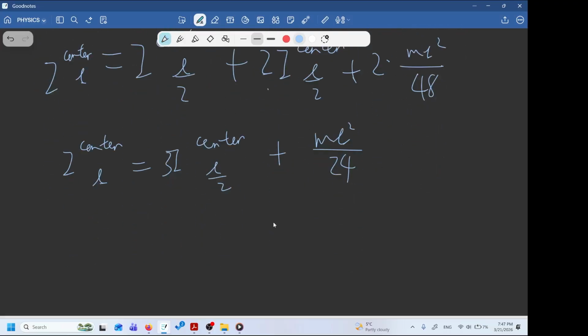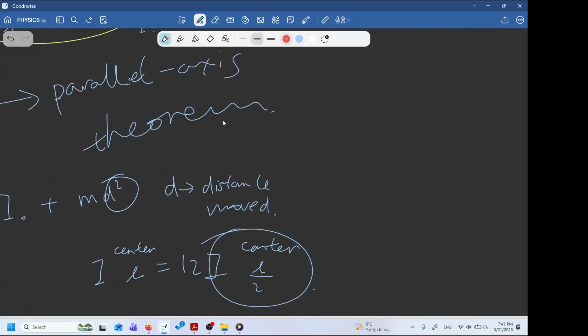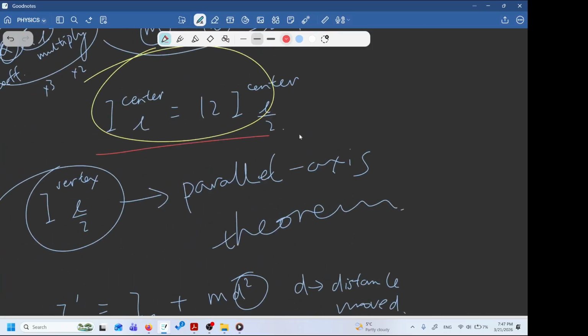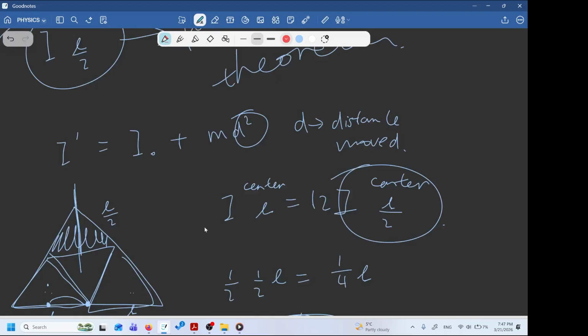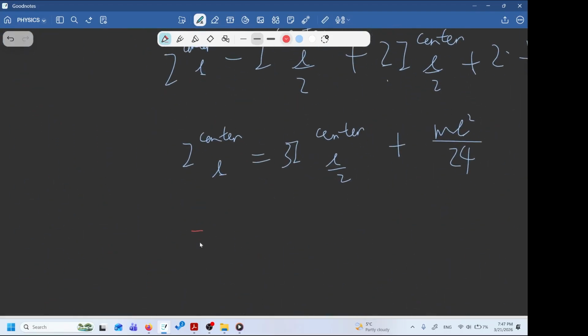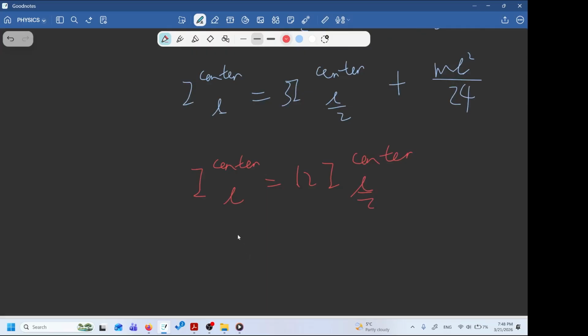24. And so now let's use our previous relation, the one that we got using the scaling law. We know that I center L equals 12 I center L over 2. And so 12 I center L over 2 equals 3 I center L over 2 plus m L squared over 24.